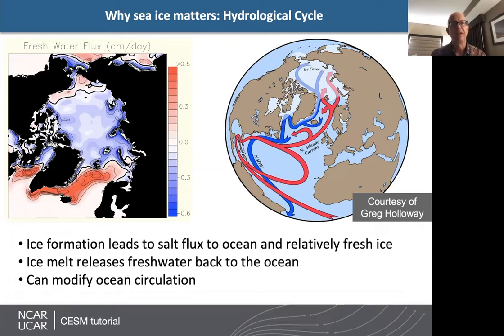It does trap some of the salt internally, but in general, you're having this salt rejection. And then as the ice is transported around here, it goes out into the North Atlantic primarily, so the Labrador Sea, the Greenland, Denmark seas, and this is where it all is melting. And so you're getting fresh water put back into the ocean in the lower latitudes.